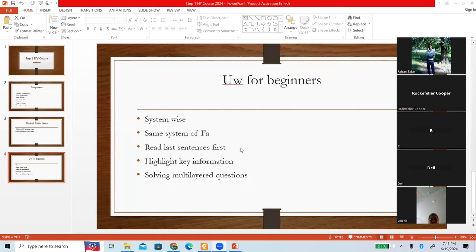Okay, solving multi-layered questions is another thing we will discuss in future, right? I will give examples of multi-layered questions in our discussion as well, because some real exam questions, mainly UWorld and NBME questions, are multi-layered.